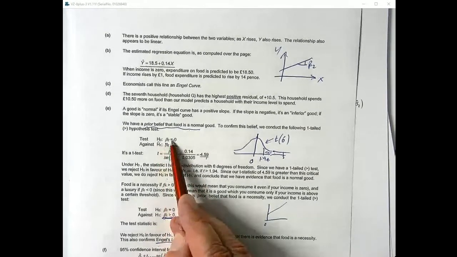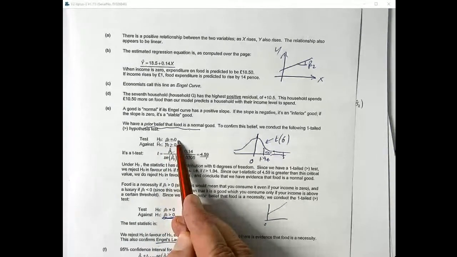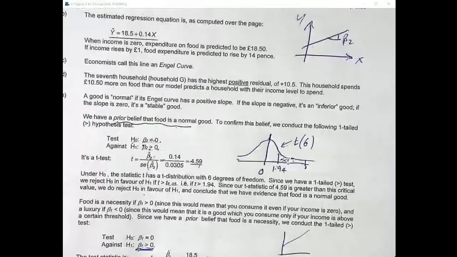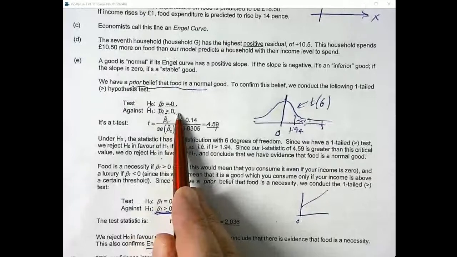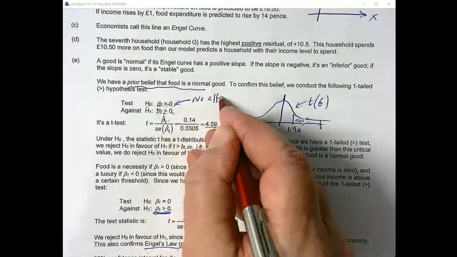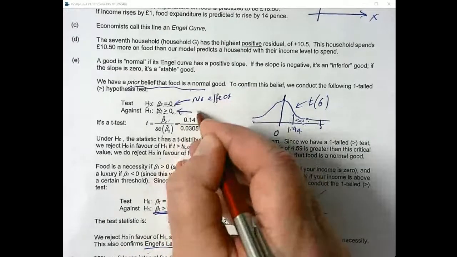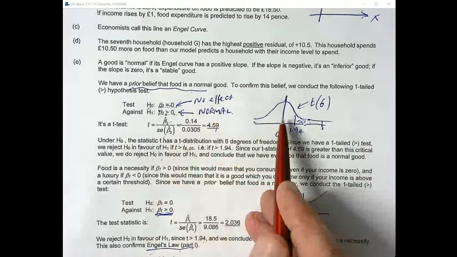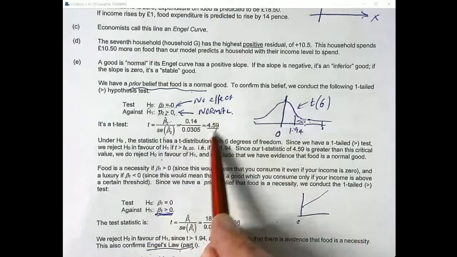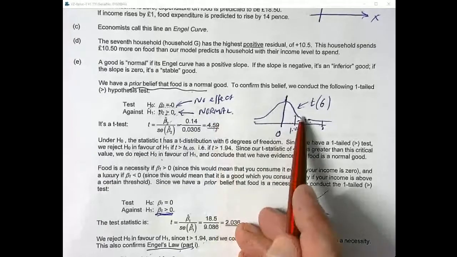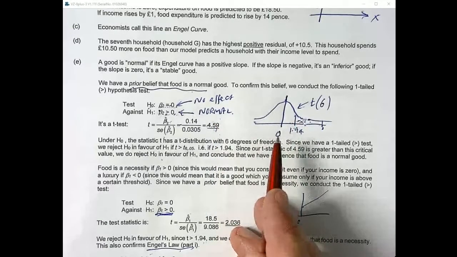So we're testing the null hypothesis that income has no effect on food expenditure against the alternative hypothesis that income has a positive effect. So the null is that income has no effect, and the alternative is that food is a normal good. Now, when we do the test, we work out the test statistic, and we ask the question, does this number look like it comes from a T6 distribution, or is it in the tails?